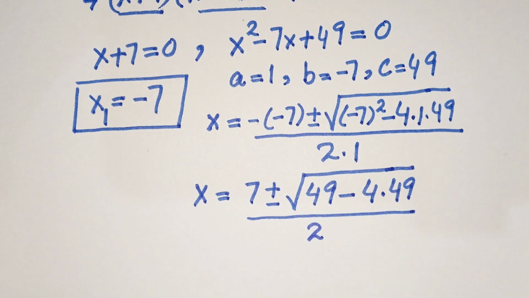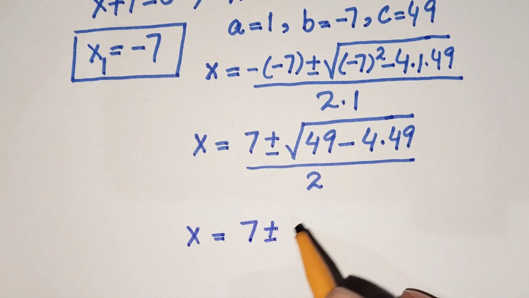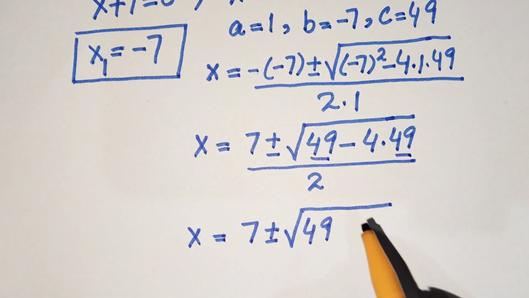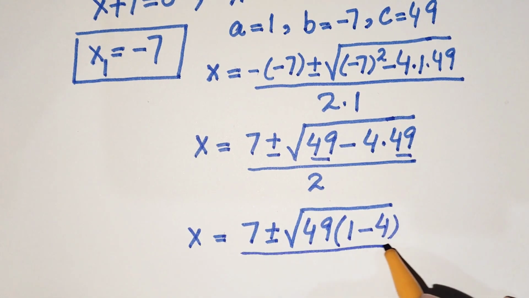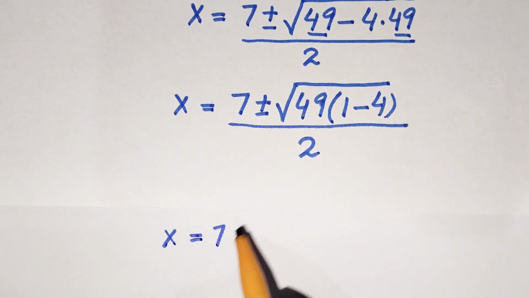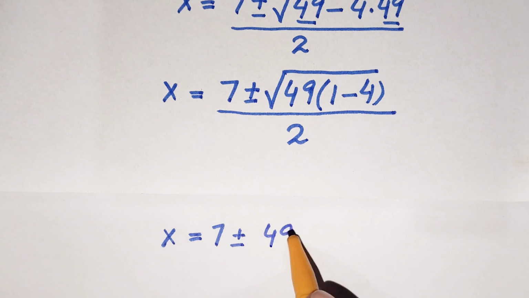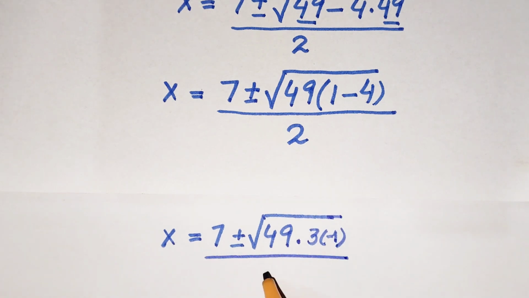So x is equal to 7 plus minus the square root of 49 times 1 minus 4, all over 2. So x is equal to 7 plus minus the square root of 49 times minus 3, so we can write 3 times minus 1, all over 2.